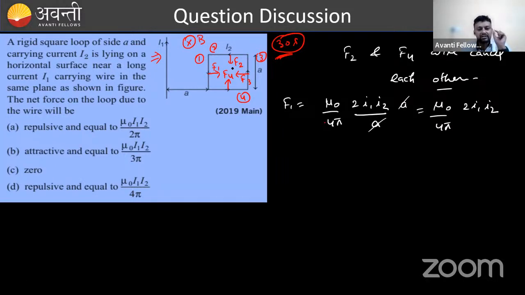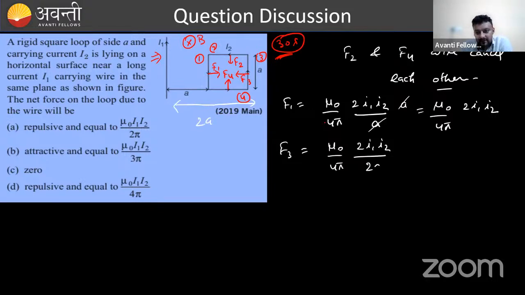Direction is indicated in the diagram, so I am not indicating the direction again. What is F3? F3 is mu naught over 4 pi, 2 I1 I2 divided by the separation of the third wire. This separation is 2a.